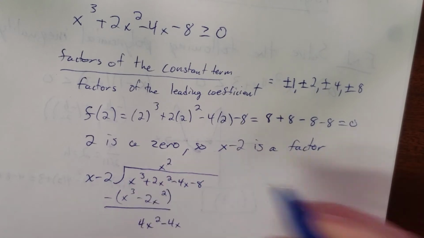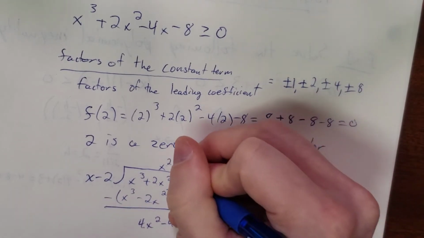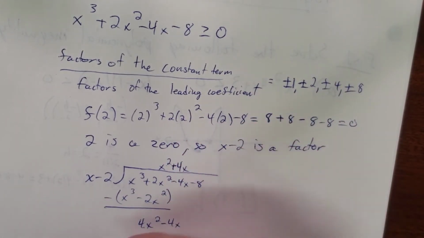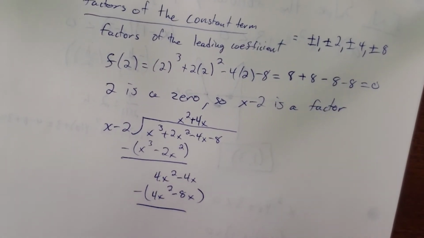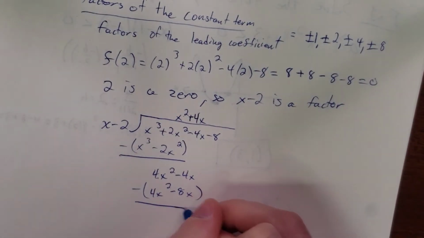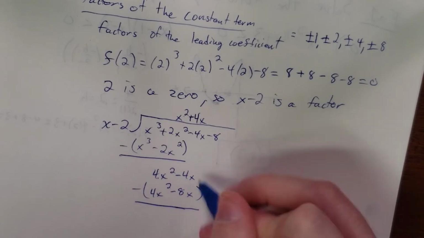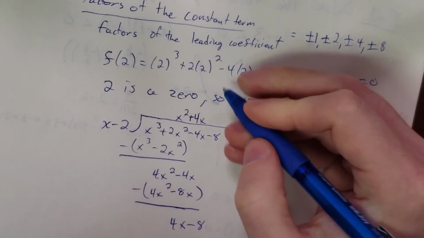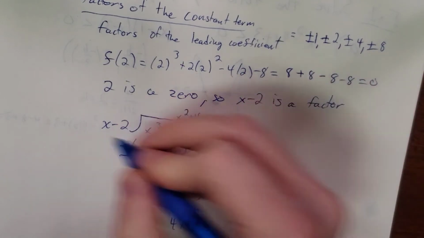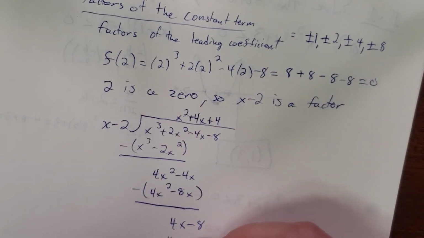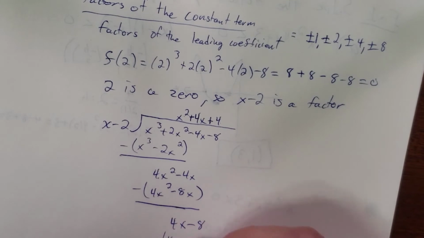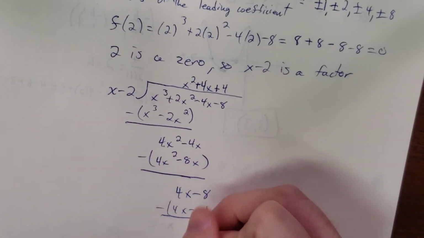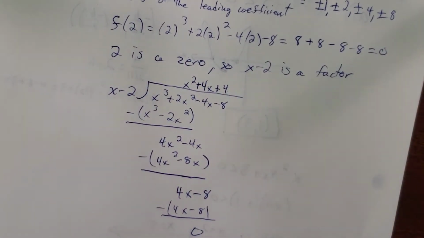Drop the 4x. X goes into 4x squared, positive 4x times. Finish out the division as such. X goes into 4x, positive 4 times. 4 times x minus 2 is 4x minus 8. And we see that this will be 0, so we get a remainder 0, which is good.